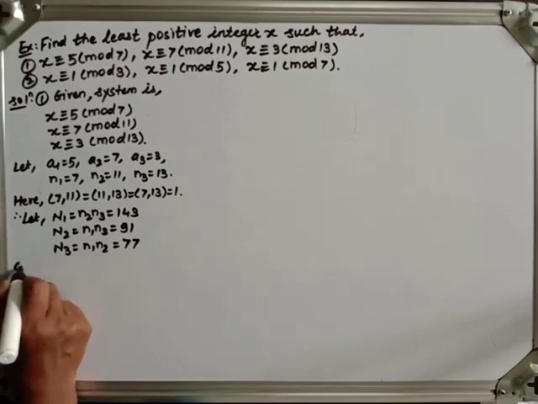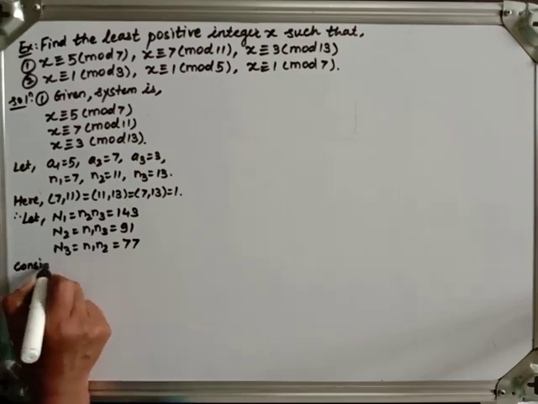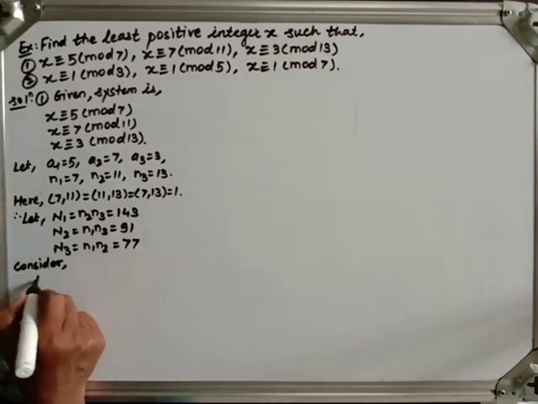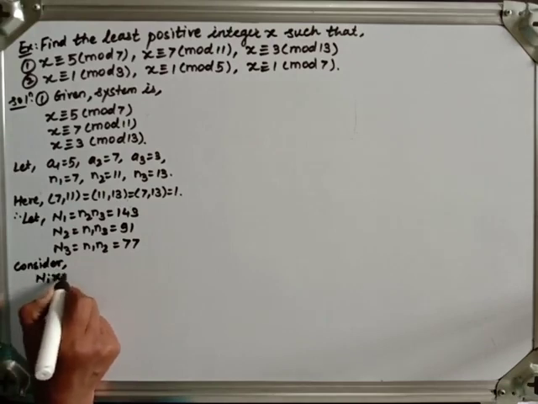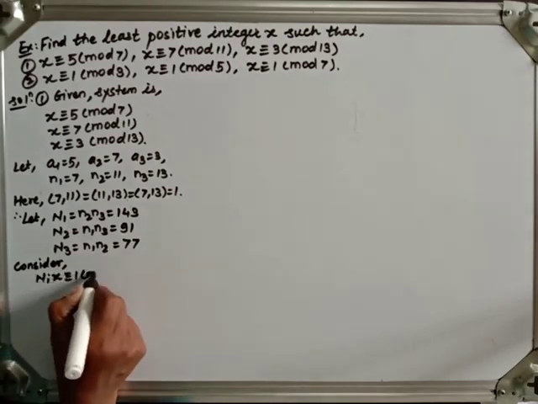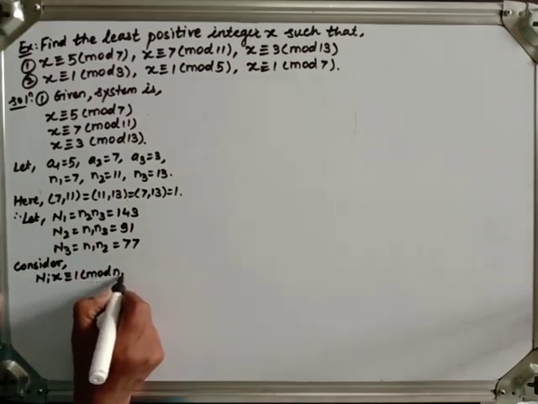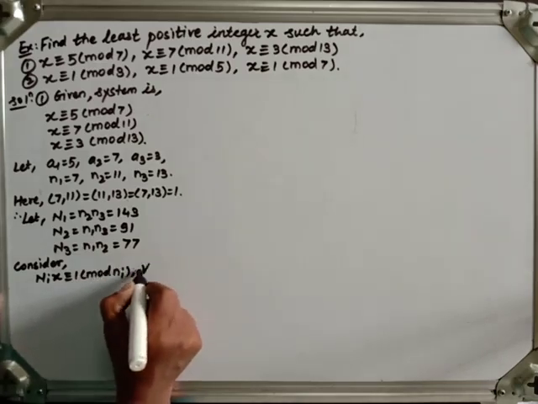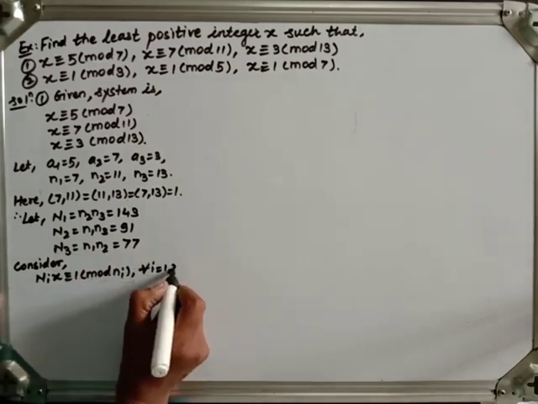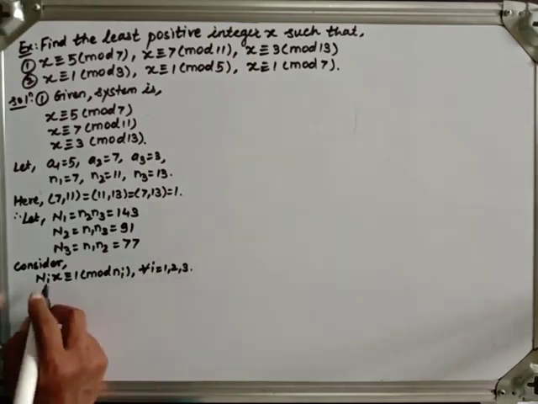Now consider Ni x congruent to 1 modulo ni for all i from 1, 2 and 3.